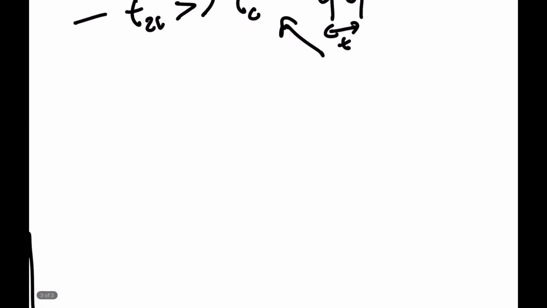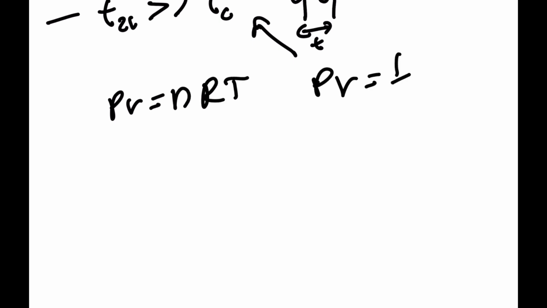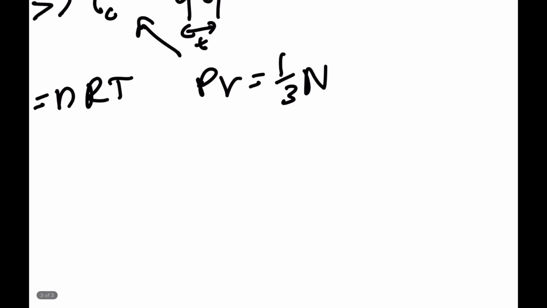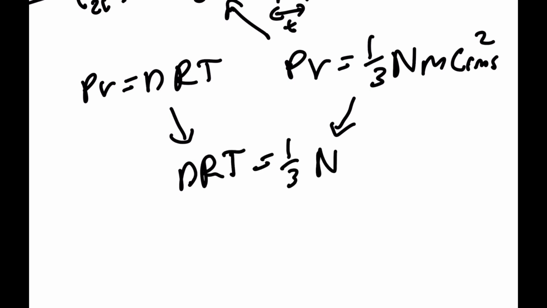And using the formula we made before, we can make a lot more formulas relating to the average kinetic energy of particles. So if we use PV equals nRT, and PV is equal to a third N m c_rms squared, if we combine both these formulas by equating the PVs, we get a third N m c_rms squared.